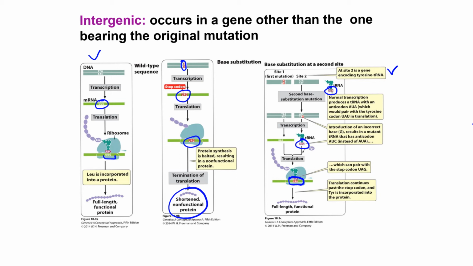Translation will continue. You remember there is normally no tRNA which would recognize a stop codon. However, this mutation in the second gene, the gene for tRNA, now gives an anticodon which recognizes that mutated codon. So the mutations happen in two different genes. That's why they are intergenic.